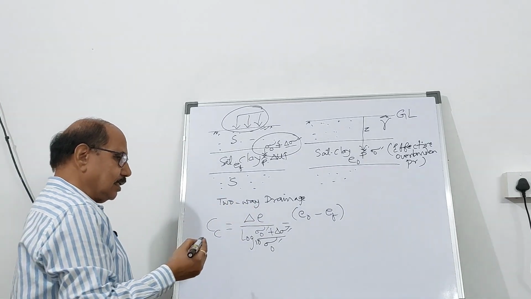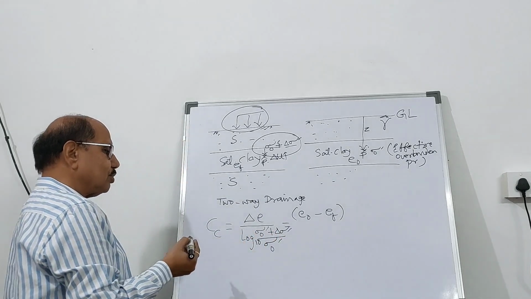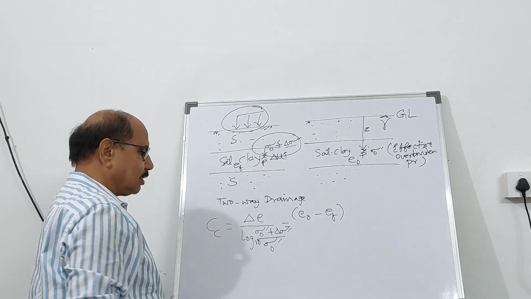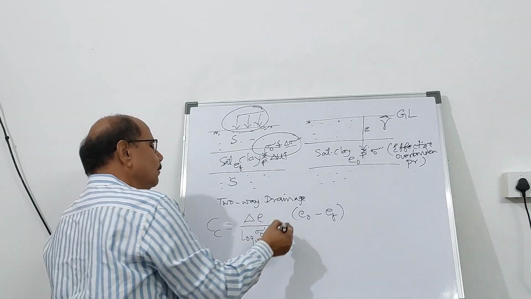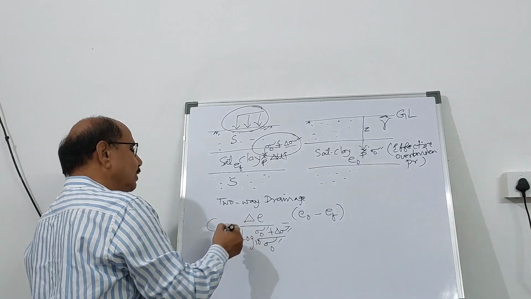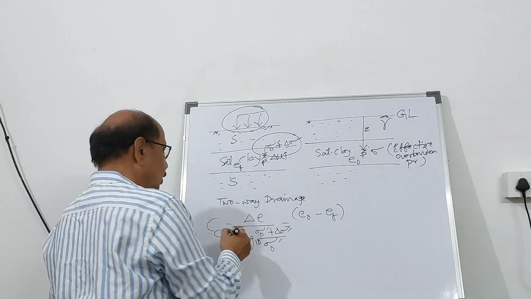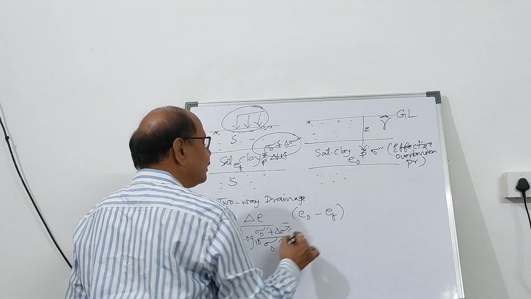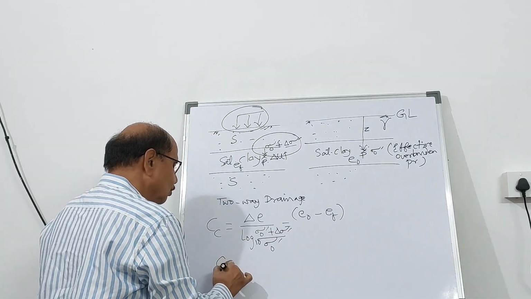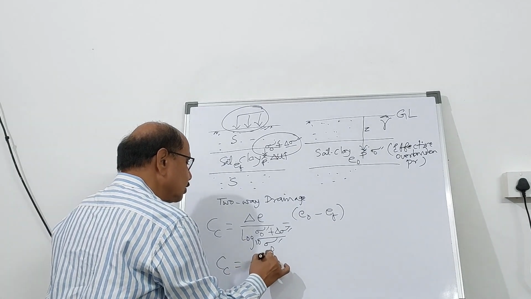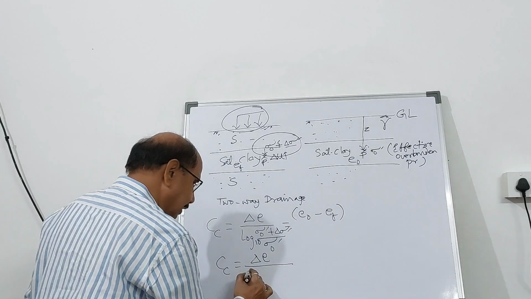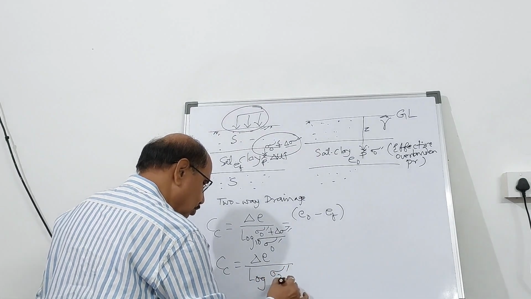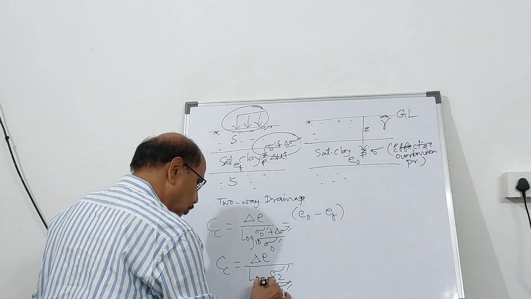And from the one-dimensional consolidation test also, you can calculate this by applying a particular effective overburden pressure, and you can calculate this value for a different pressure range. So the change in void ratio divided by log of sigma 2 prime upon sigma 1 prime to the base 10.